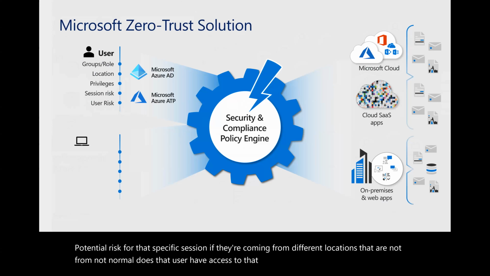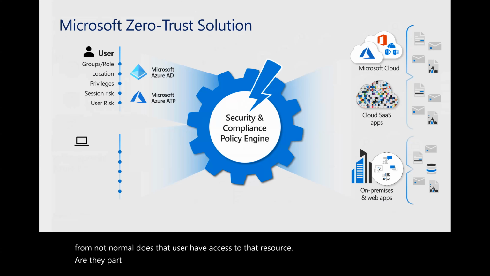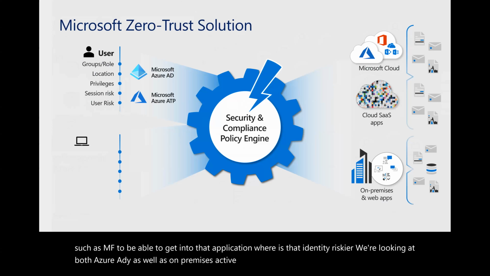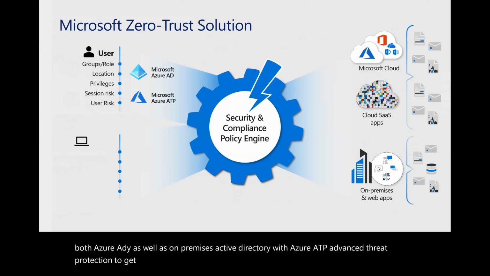Are they part of a group or a role that denies them or requires additional security mechanisms, such as MFA, to be able to get into that application? Where is that identity risky? We're looking at both Azure AD as well as on-premises Active Directory with Azure ATP, Advanced Threat Protection, to get that full picture of that user risk and what we want to allow them to connect to.